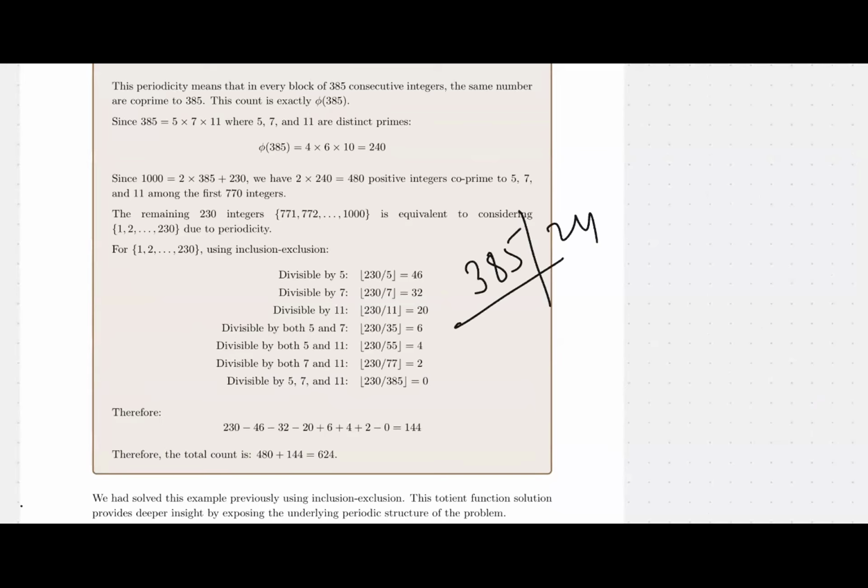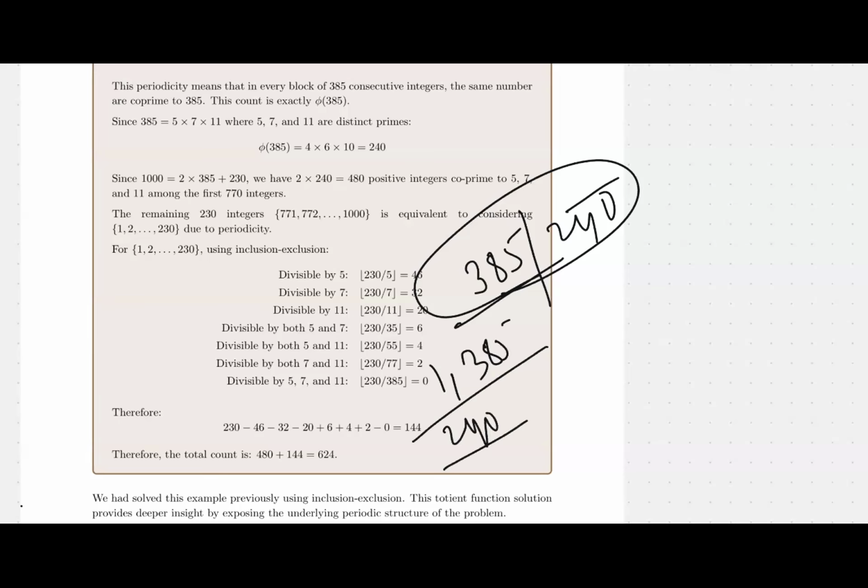So we know from 1 to 385, the total number of numbers which are co-prime to 5, 11, and 7 is 240. But hey, we don't know starting from 386. Correct? So double of 385 is what? 770.